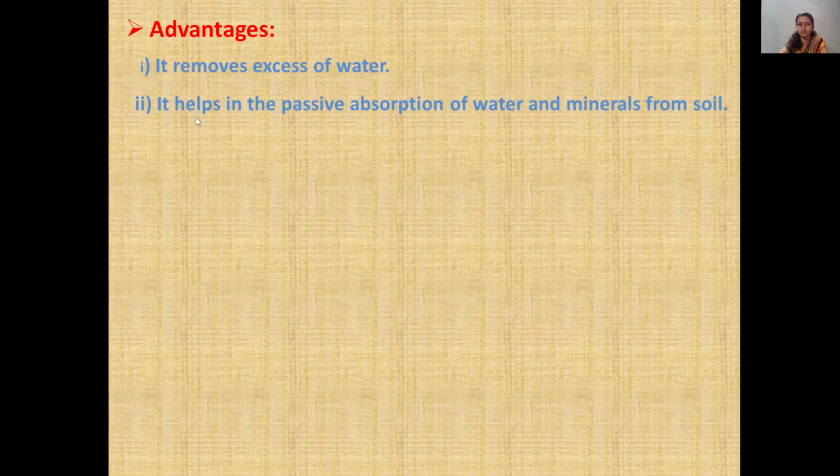Advantages or significance of transpiration. In that, first point, it removes excess of water. Second, it helps in the passive absorption of water and minerals from the soil. Third, it helps in the ascent of sap.